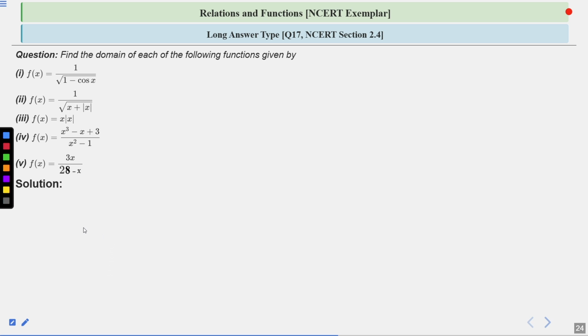Now the fifth function is 3x by 2x minus 1. Clearly, f(x) is defined if 2x minus 1 is not equal to 0.